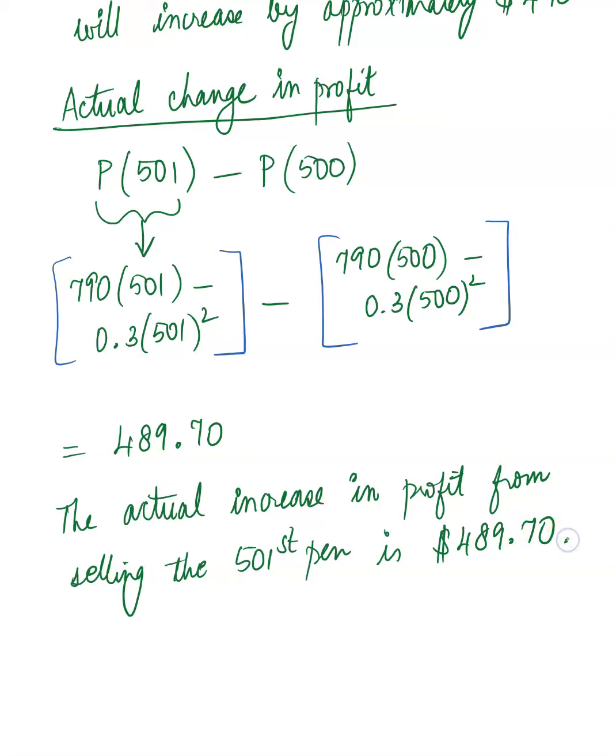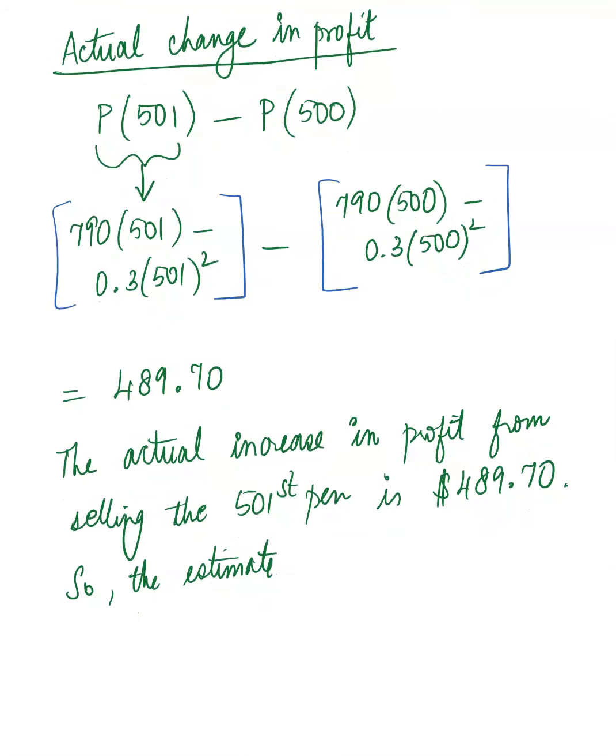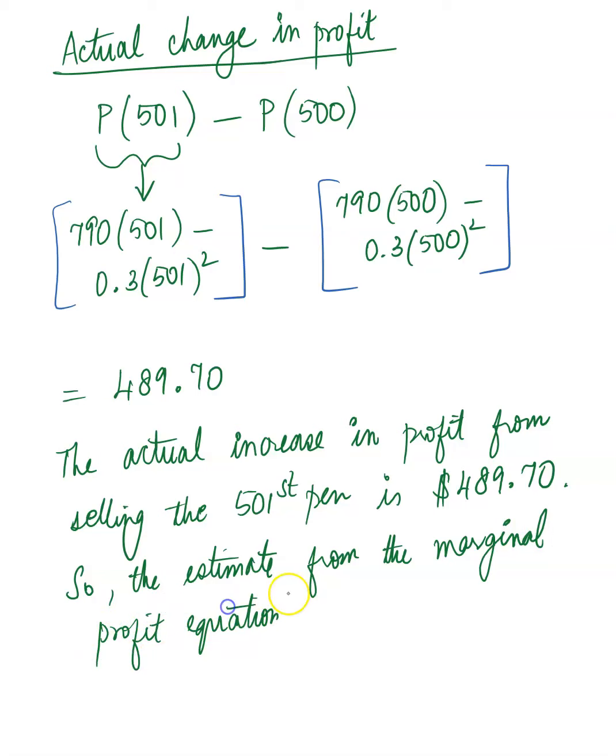Then the estimate we did from the marginal profit, right, gave us $490. So the estimate from the marginal profit equation was off by 30 cents.